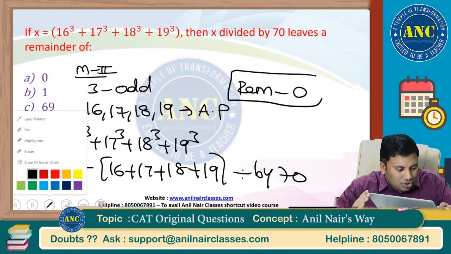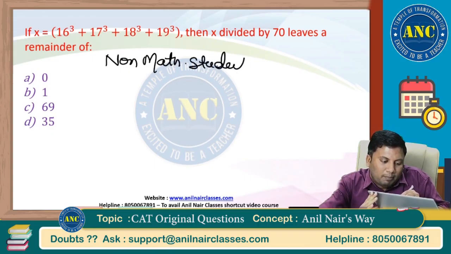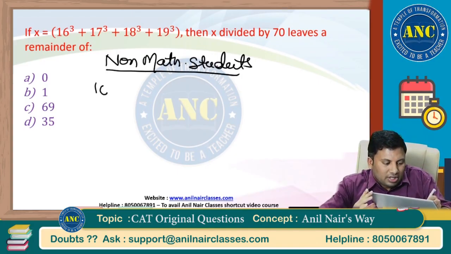Method 2. Assume that a student is a non-math student, a student who does not like any formulas, and cannot remember formulas, like me. Now see here, 16 power 3, 17 power 3, 18 power 3, 19 power 3.